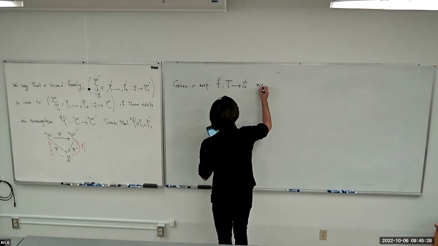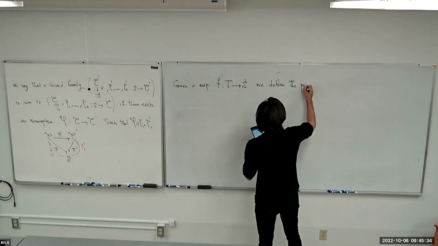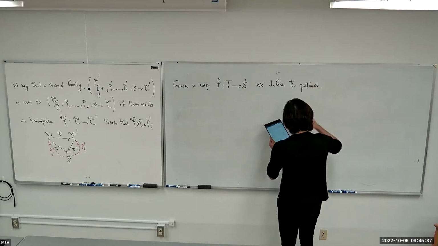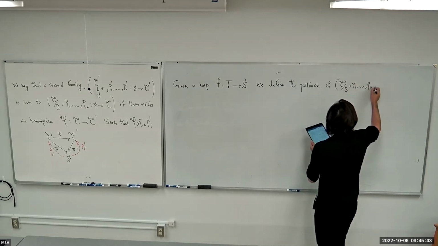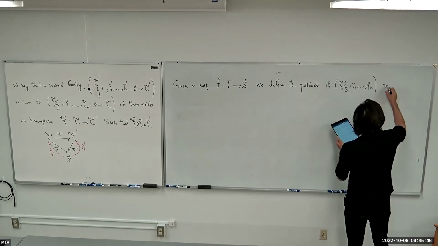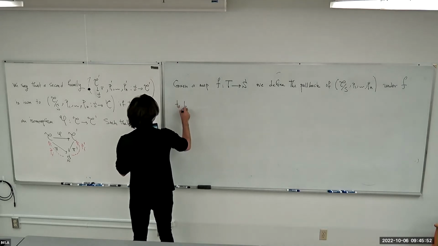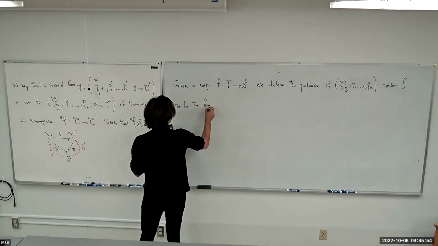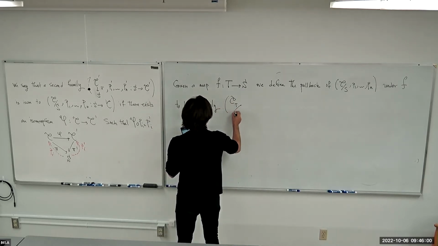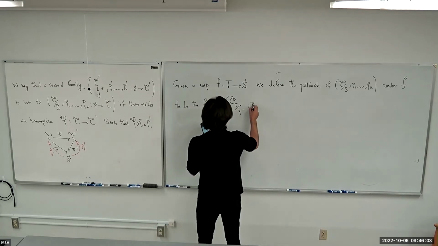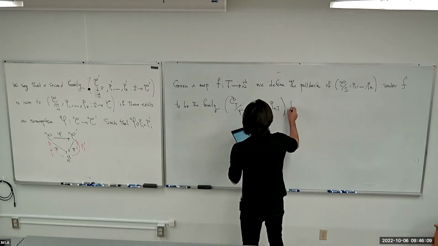we define the pullback of the system C over S together with markings P1 to Pn under F, under this morphism F, to be the family C of T over T together with P1T to PnT for the fiber product.